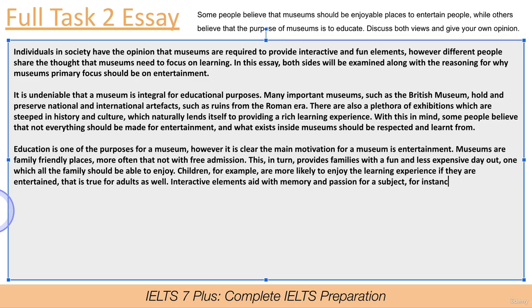For instance, we could talk about the Science Museum. I remember being very interactive. The Science Museum is memorable due to this aspect.